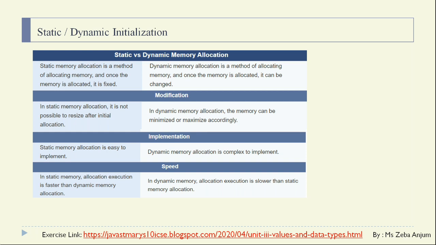But in dynamic memory, if you are giving a formula, then during execution the compiler has to put the values in the formula, execute the formula, get the answer, and finally assign the value to your variable name. That is how it works. So in dynamic memory, your allocation, or you can say execution, is slower than static memory allocation. Now let us understand this with the help of an example.